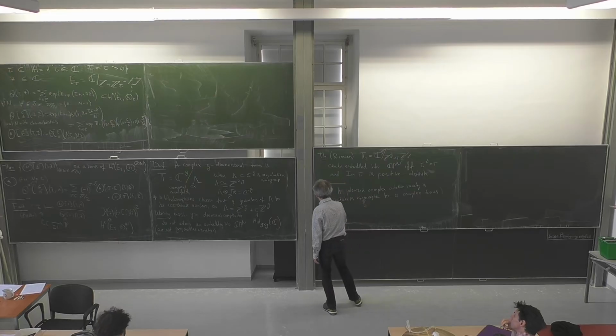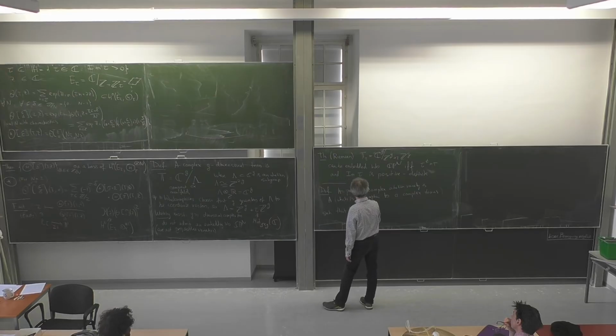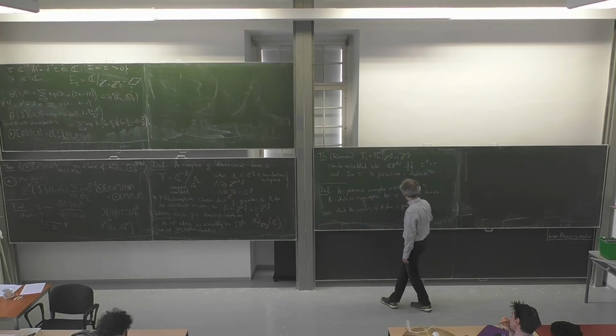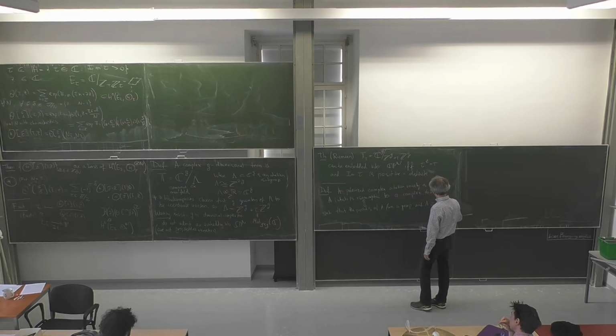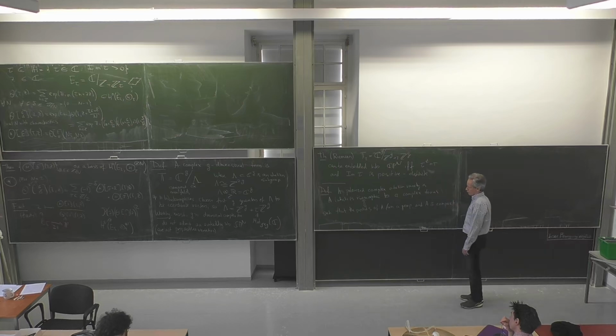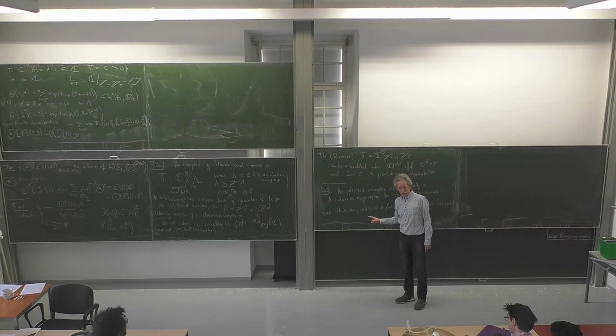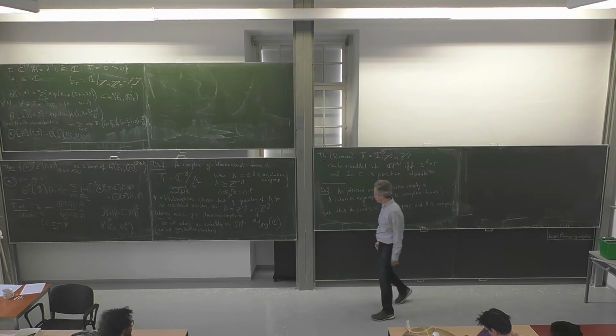such that the points of A form a group and are compact. I claim that if you have any algebraic variety whose points form a group and it's compact, it's a complex torus.